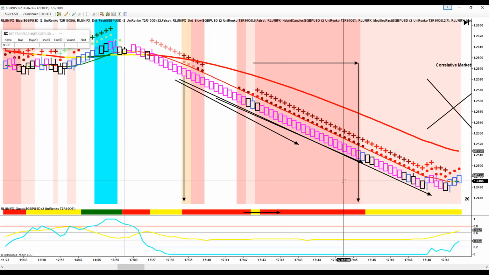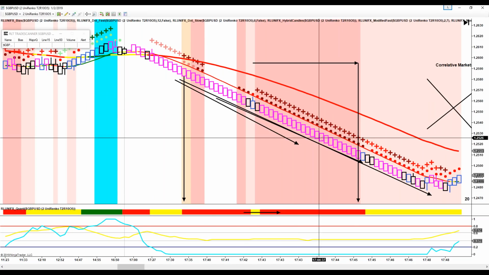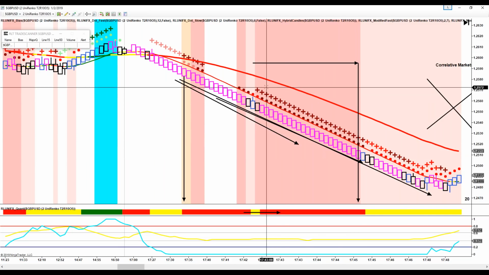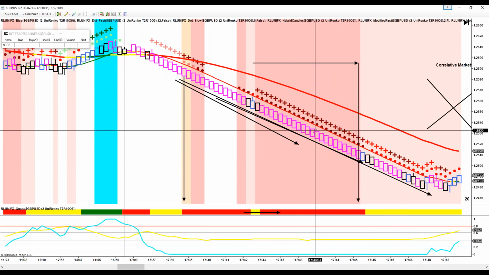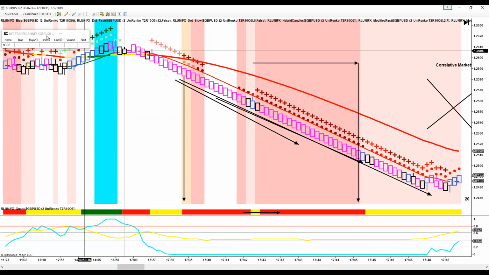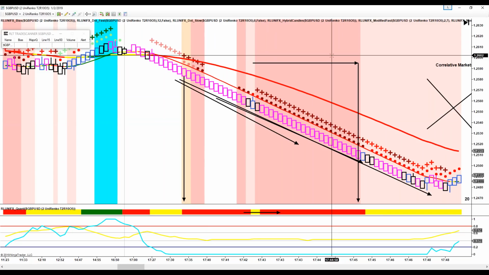And it makes sense, because if the institutions are selling the pound dollar hard, they're going to create a multi-time frame alignment of trend to the downside. And they're also going to create the perfect alignment of our correlative markets. All the markets that fall with the pound dollar are falling. The markets that rise with the pound dollar are rising, because that's where the money's going.